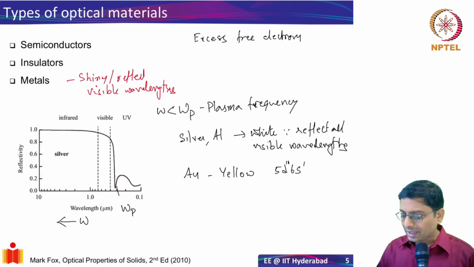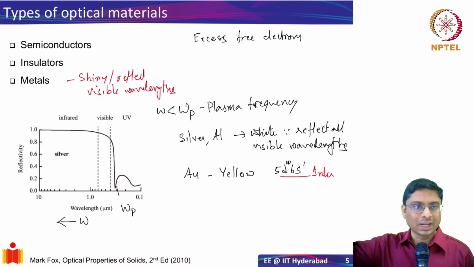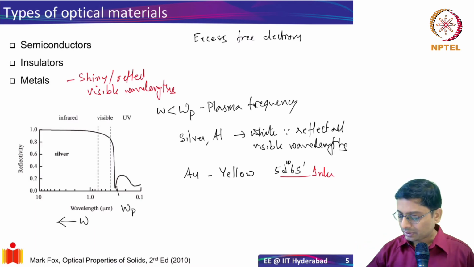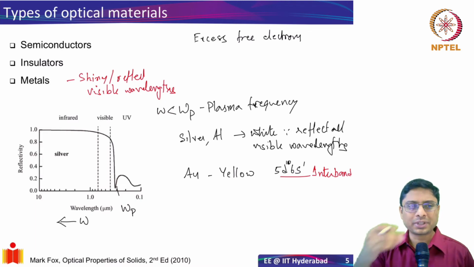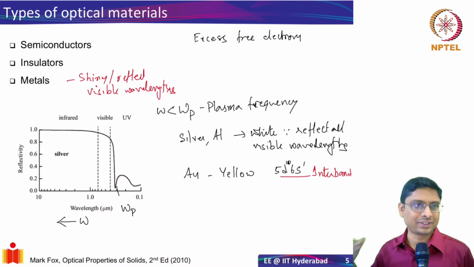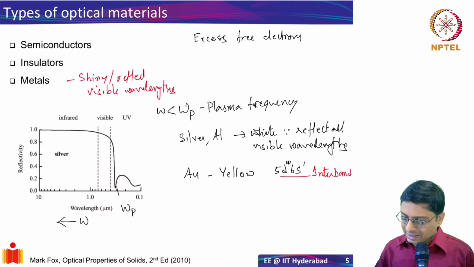Generally the outer shell contributes to conduction, but you can also have electrons excited from the inner shells, which we call interband transitions, from the d to empty states above that. Because of this interband transition there can be absorption, and because of that gold has that characteristic yellow color.